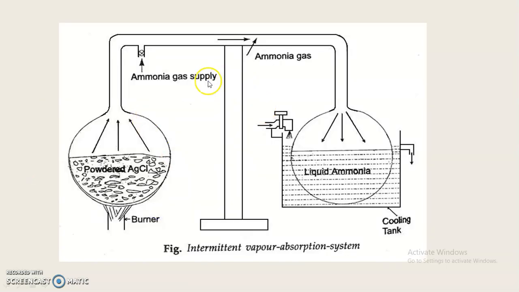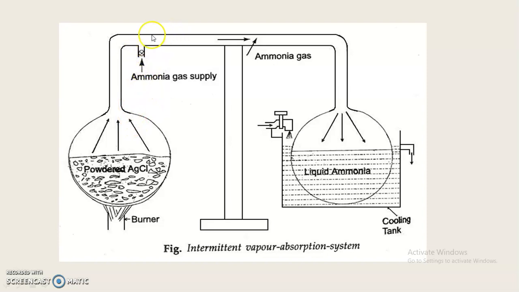From this figure, we can clearly see Faraday's intermittent vapor absorption system. In the vessel, we fill the AgCl powder and heat the powder with the help of a burner. The vapor goes through the pipeline. Here we insert the ammonia gas supply from the sealed tank.